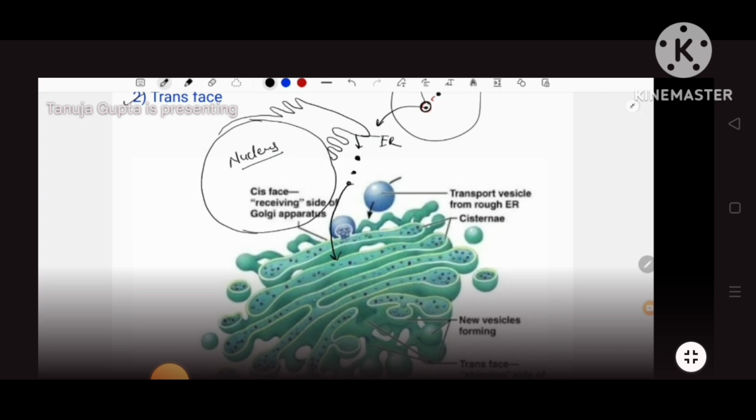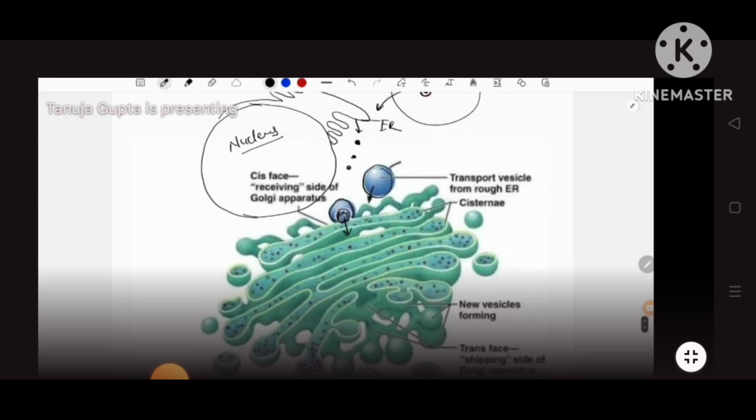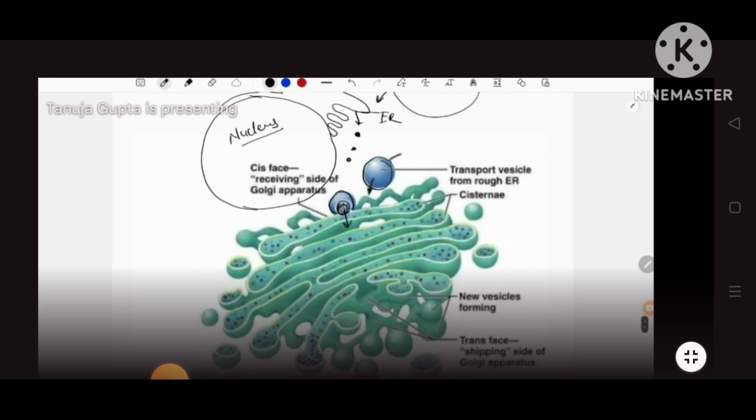As you can see here, the products get fused and the material is inserted into the Golgi body. The surface from which it gets inserted is called the cis face.